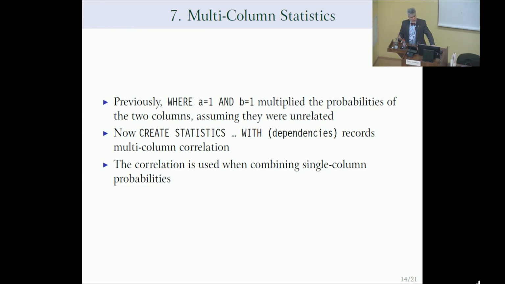And the optimizer uses those statistics to figure out what indexes to use, what join methods to use, and so forth. The problem is that the statistics are in single columns. So for example, if you have a city column and a country column, we would have individual statistics for city and individual statistics for country.